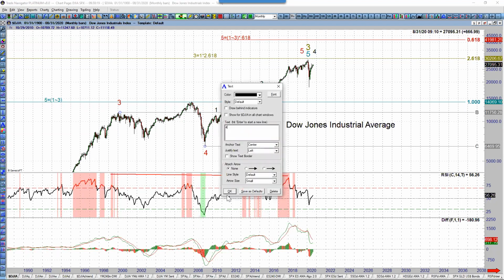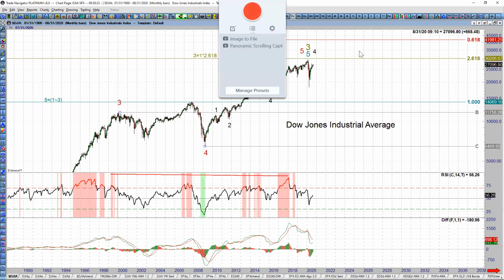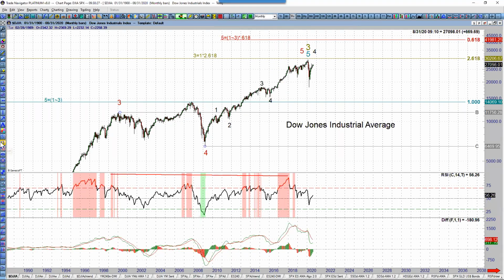Is there anything else we can do Fibonacci-wise on this monthly chart of the Dow right here? Yes, there is. We can look for wave 5 to have a Fibonacci relationship with the net traveled of 1 through 3.